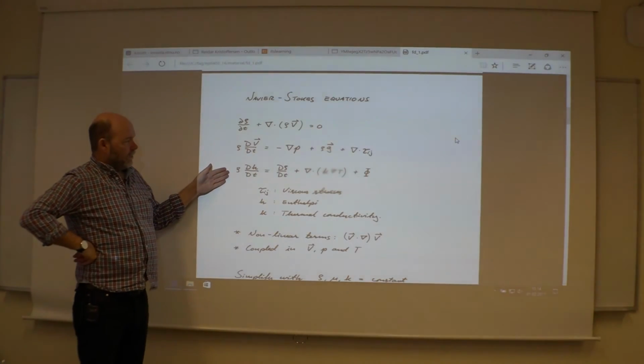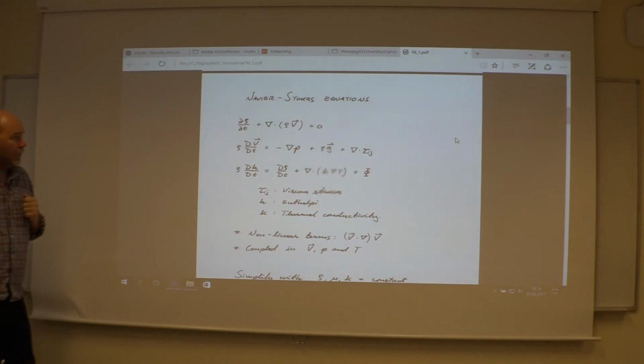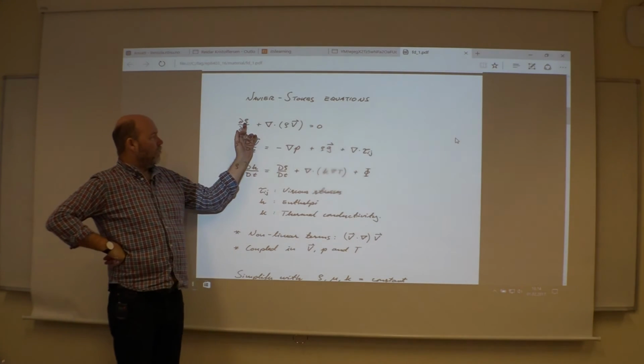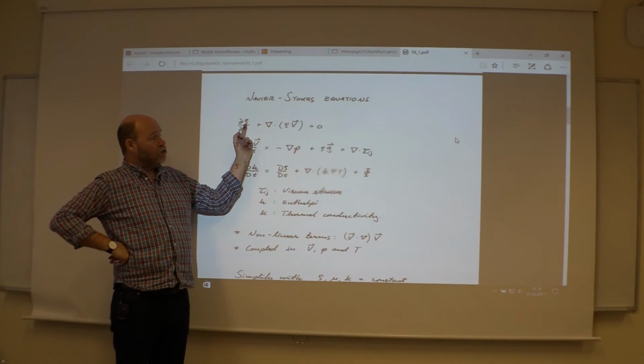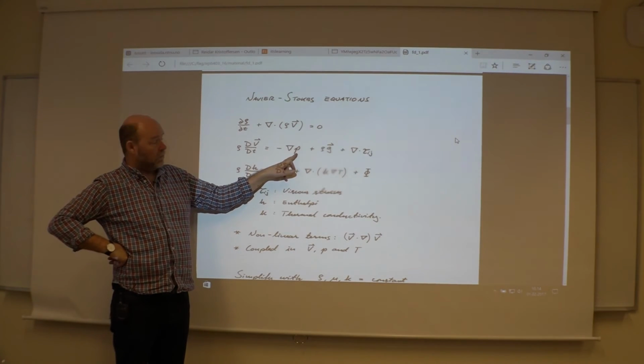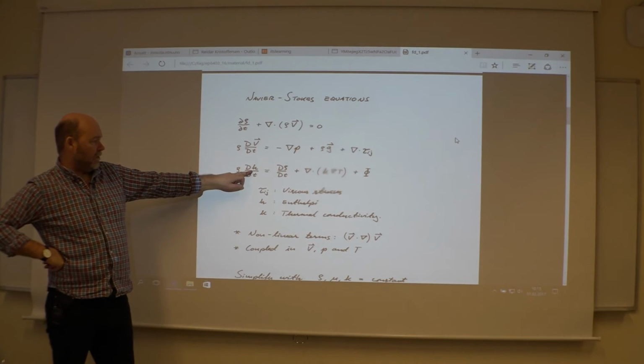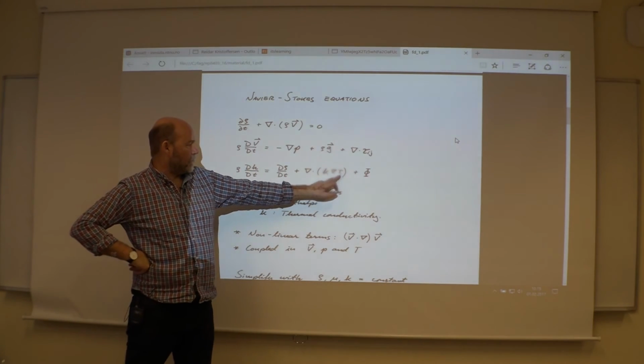Everything has to be solved at once, and if you start counting the unknowns, how many do you have in general? Well, you have 1 for the density, 3 velocities, and 1 pressure, that's 5. And then here we have enthalpy, and we have temperature.